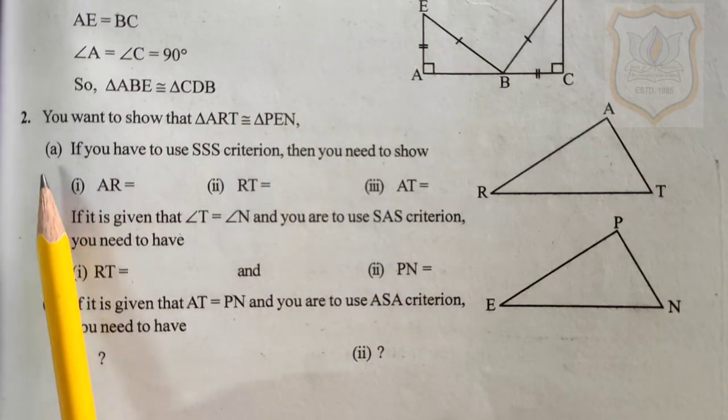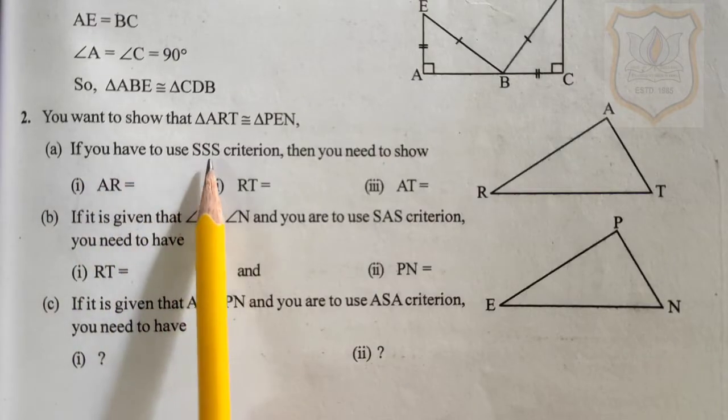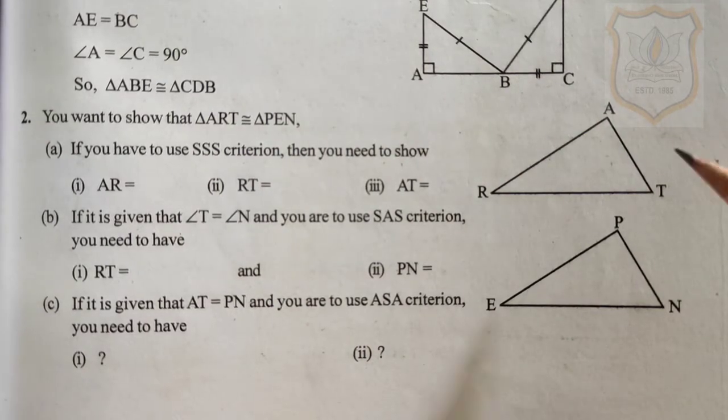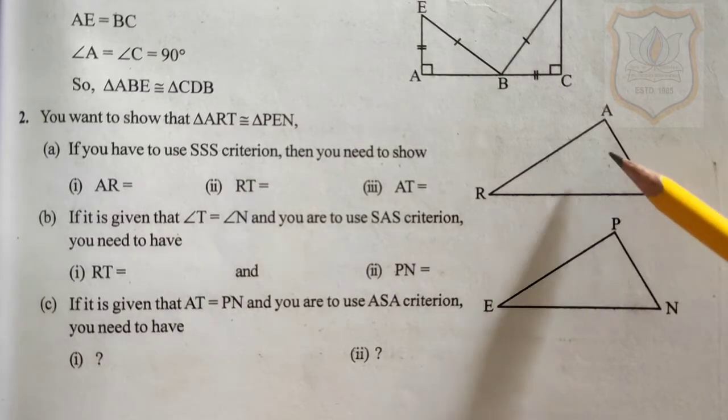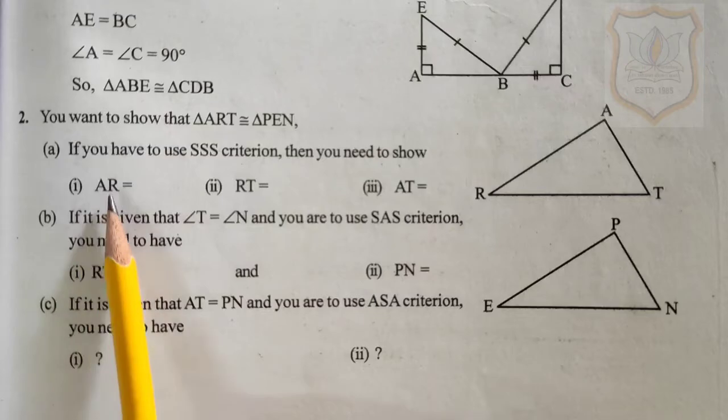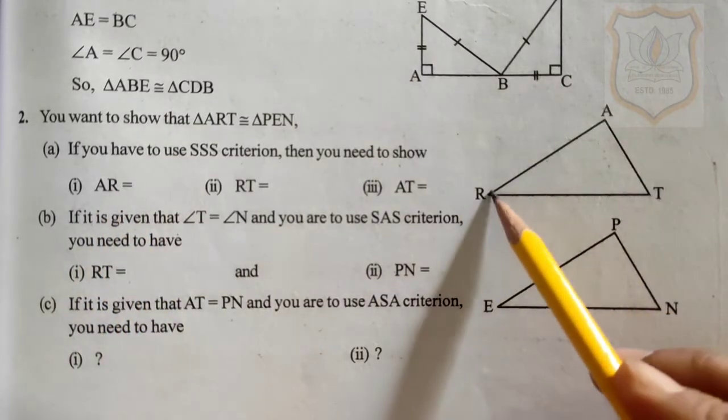A part of question number 2. If you have to use SSS criterion, then you need to show that. Students, here we have to use side criterion. Then all the three sides of the triangle should be equal. So first AR.